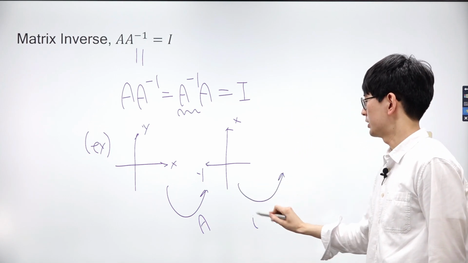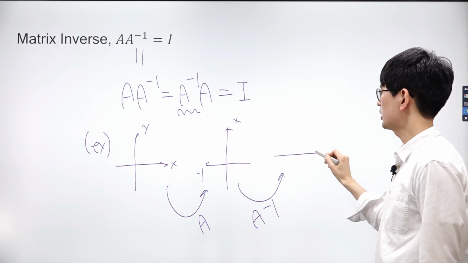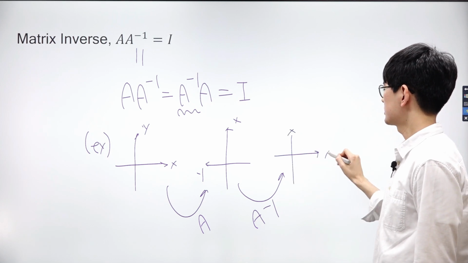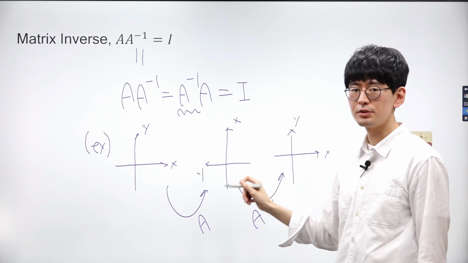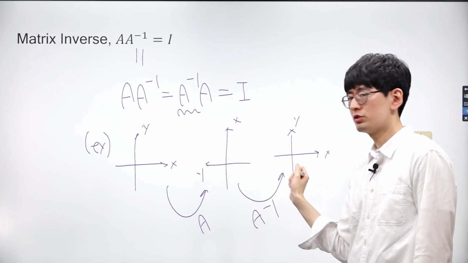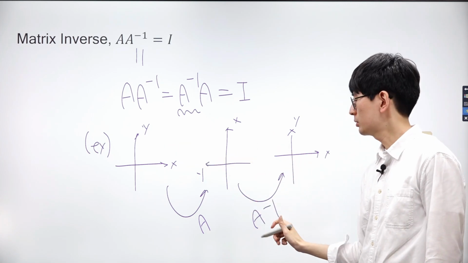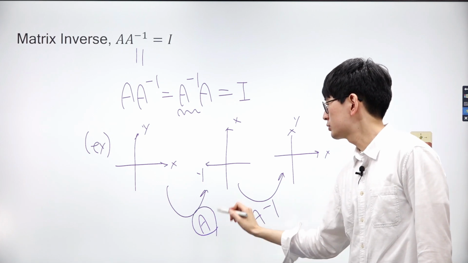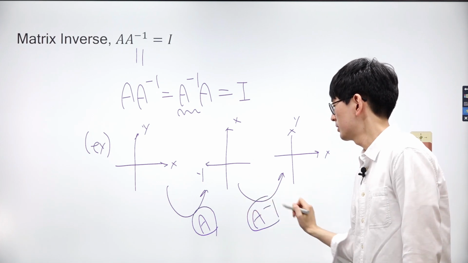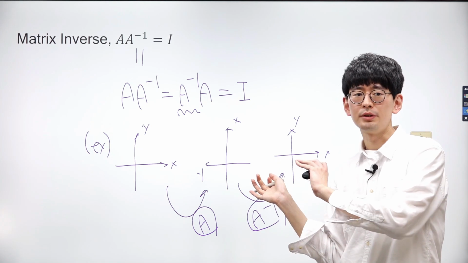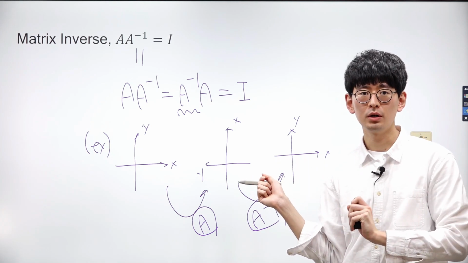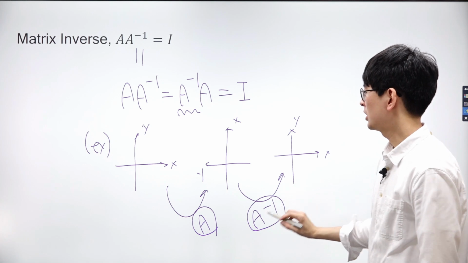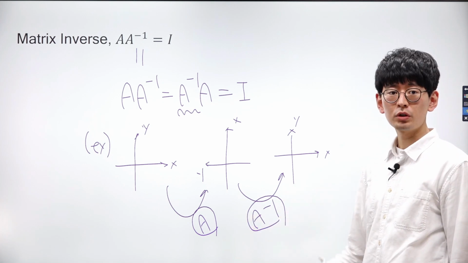The inverse matrix of A restores the space back to its original state, where x represents the horizontal axis and y represents the vertical axis. Restoring the original space requires a 90-degree clockwise rotation. Therefore, the inverse matrix of matrix A is a rotation matrix that rotates the space 90 degrees clockwise.